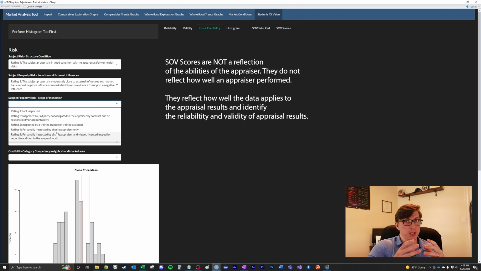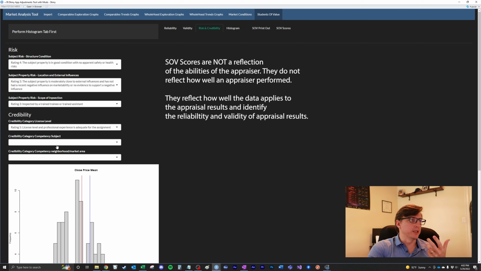Or have you used the data that's available and that's influenced the reliability and credibility of your value conclusion? If it's affected your credibility of your value conclusion, you probably shouldn't develop it. But it gives some context to an intended user of your appraisal results, and that's what's important.